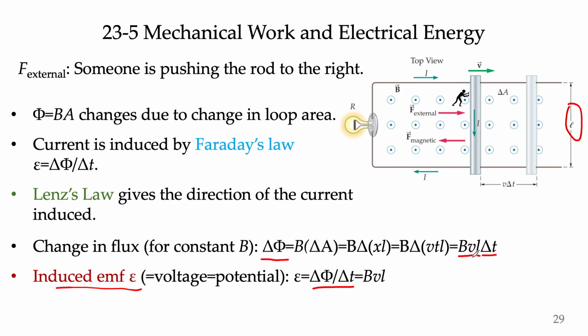So if I divide this flux change by delta T, what I'm going to get is B times V times L. So basically, if you have such a setup, and the rod moves with velocity V, then the induced voltage will be B times V times L.